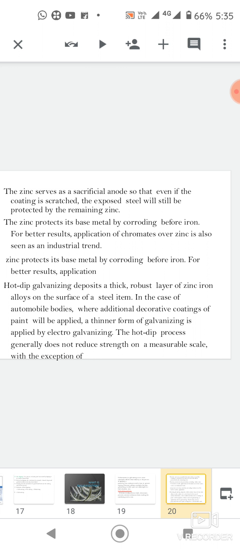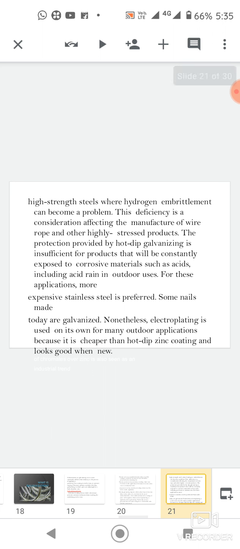The hot dip process generally does not reduce strength on a measurable scale, with the exception of high strength steels where hydrogen embrittlement can become a problem.